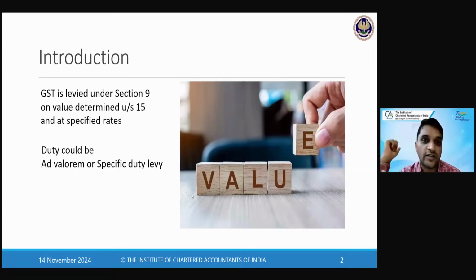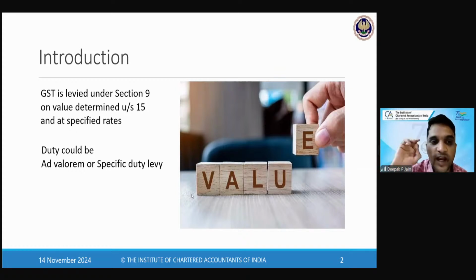It was on the length of the cigarette. That is called specific duty, when it is not pegged to a value, but pegged to something like machineries. Some tobacco machinery duty is not based on how much value you produce. It is based on the capacity of the machinery.